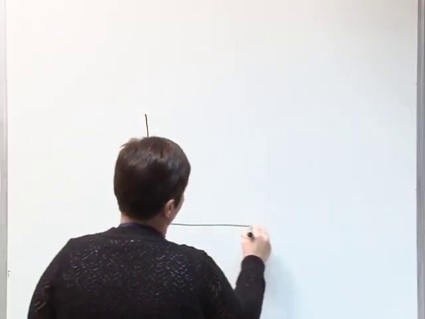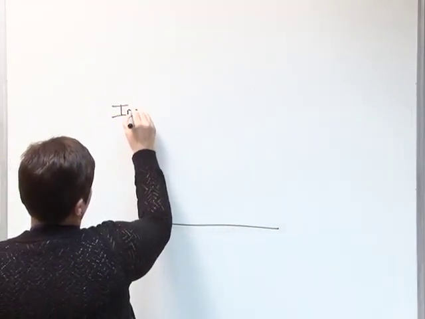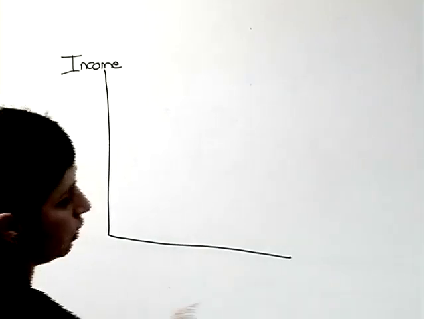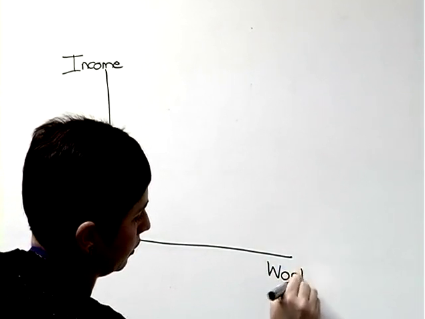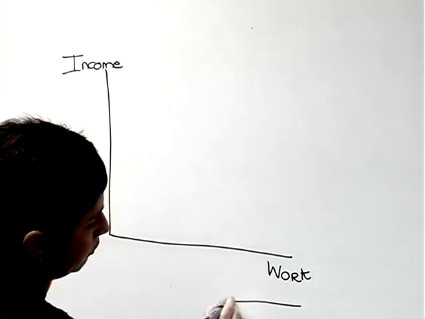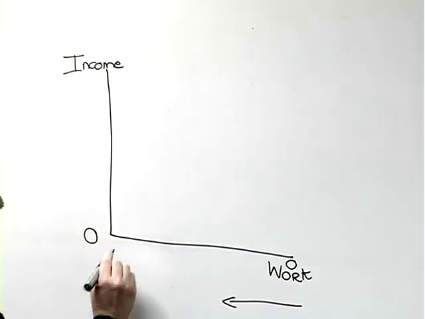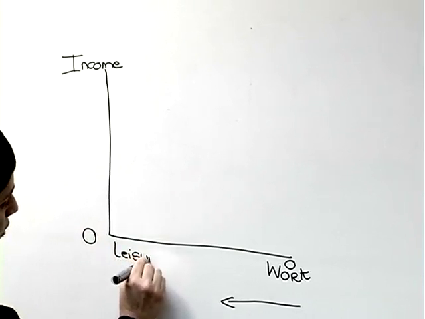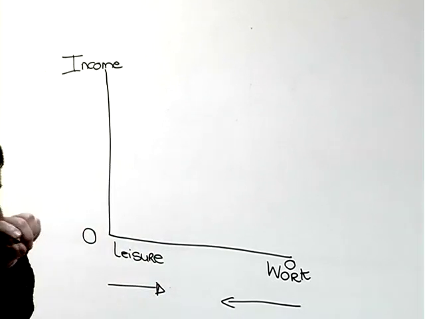First, as usual, your axis, income on this side, work or labor supply on this side, work going from right to left, and leisure from left to right, like that.